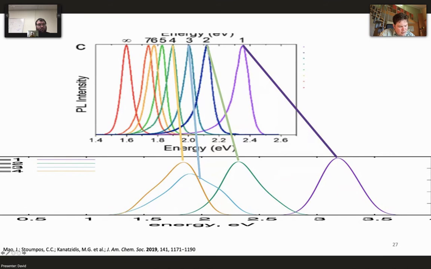Is there a procedure, an equation, to extract broadening in a quantitative way? Like if you have this purple line as numerical data, can you extract the width? So we're talking about this.